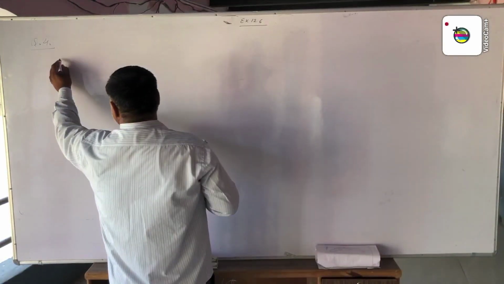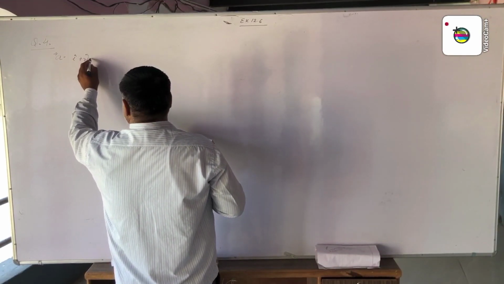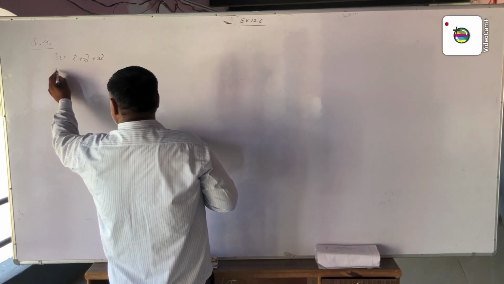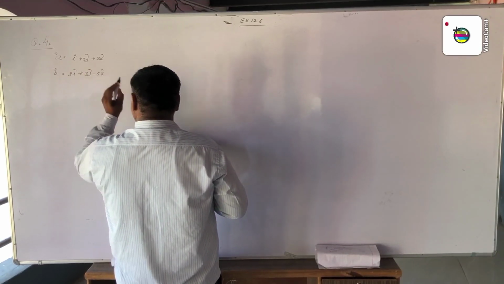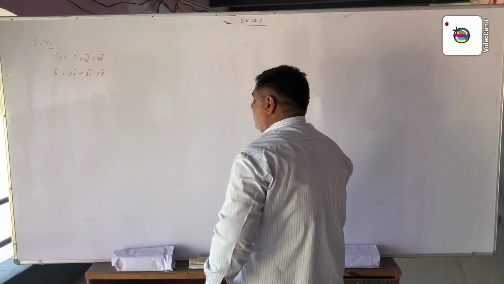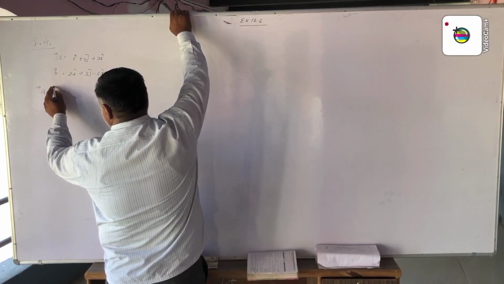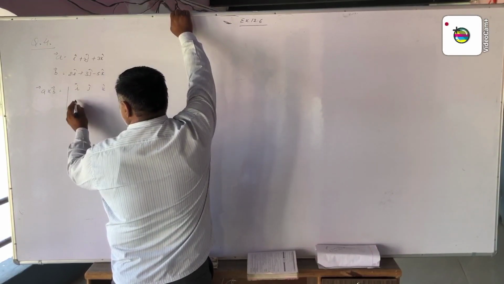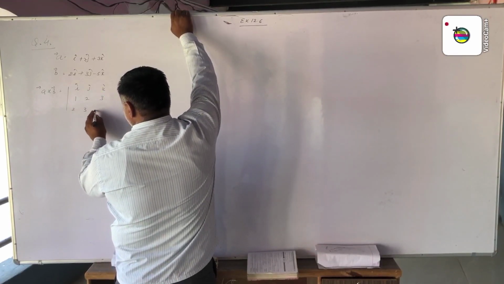Vector A is given by i plus 2j plus 3k. This is the vector A, and vector B is equal to 2i plus 3j minus 5k. These are given. Find A cross B. First we multiply vector A cross vector B. Vector A has components 1, 2, 3, and vector B has components 2, 3, minus 5.